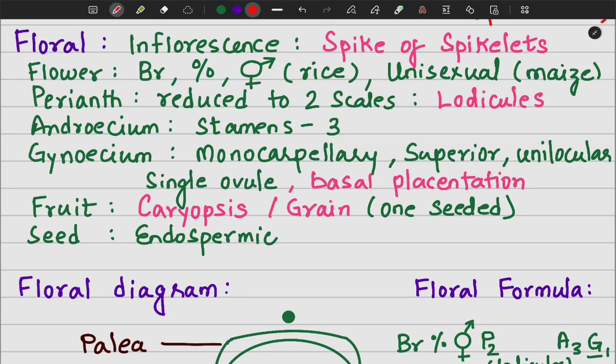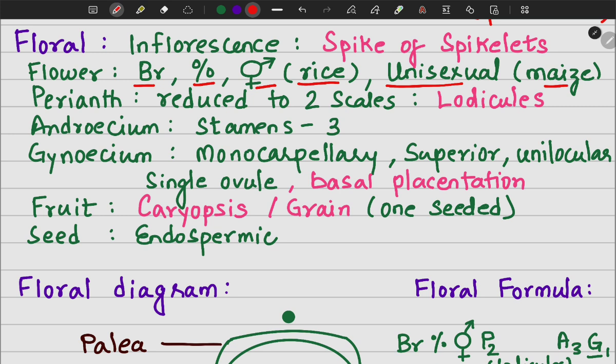Now the flower will be bracteate, zygomorphic, bisexual in case of rice, and sometimes unisexual flowers are also seen, very rarely as in the case of maize.